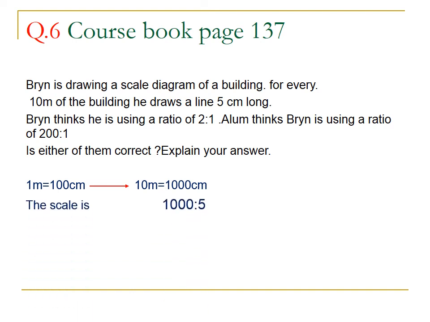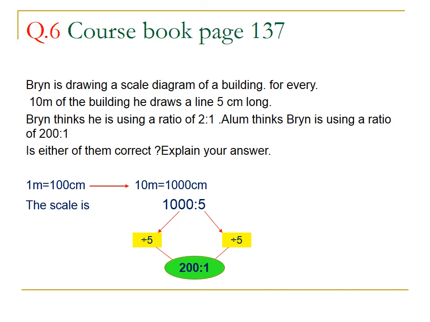So the scale is 1000 to 5. After I write the ratio, I will simplify it. How will I simplify it? By dividing both sides by 5. How much do I get? I get 200 to 1.